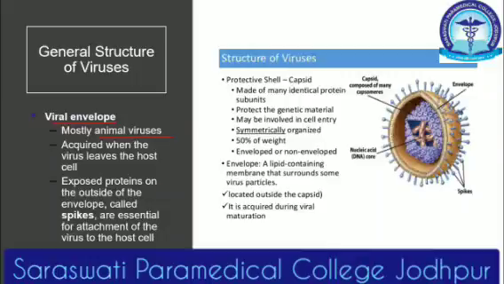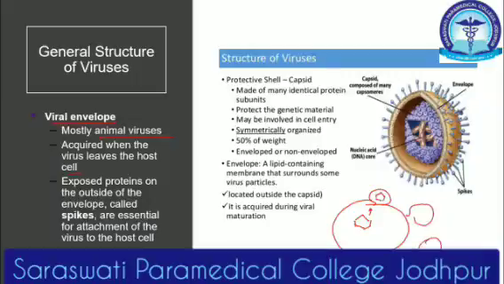This occurs when the virus leaves the host cell. Generally this envelope is formed from a modified version of the cell membrane of the host itself. Let's assume that this is the host cell, and this is the virus, and the virus is taking a part of the vesicle out.